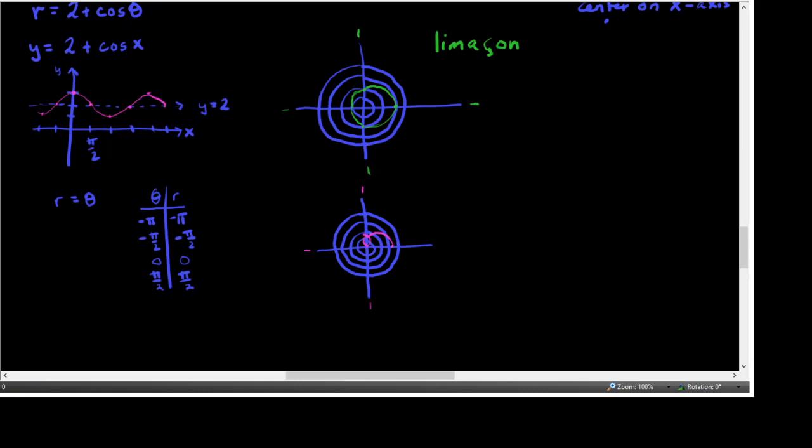And then at pi, we'll be out at pi, which is 3.14. And then at 3 pi over 2, I'll be out at 3 pi over 2. I'm using my calculator for a second to get a decimal for that. So that's about 4.71. 1, 2, 3, 4.71.